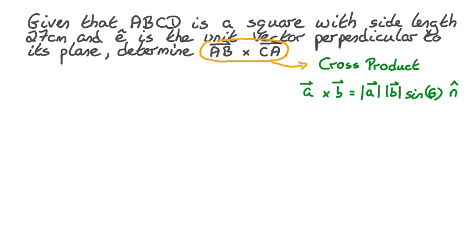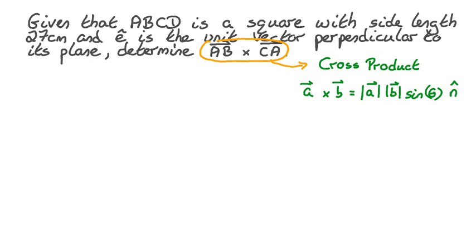In this question, we are being asked to calculate the cross product, and we know the cross product of vector A and vector B is equal to the magnitude of vector A multiplied by the magnitude of vector B multiplied by sine of angle theta multiplied by the unit vector n.